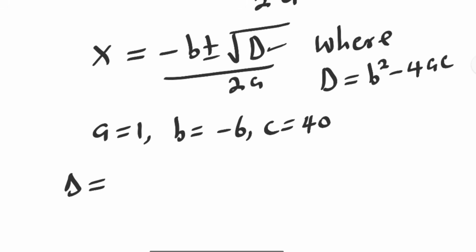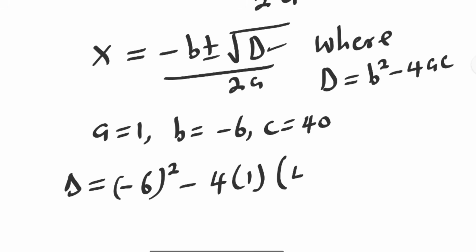Let us compute this discriminant. d is equal to b squared minus 4ac, that is minus 6 square minus 4 multiplied by a is 1 multiplied by c is 40.